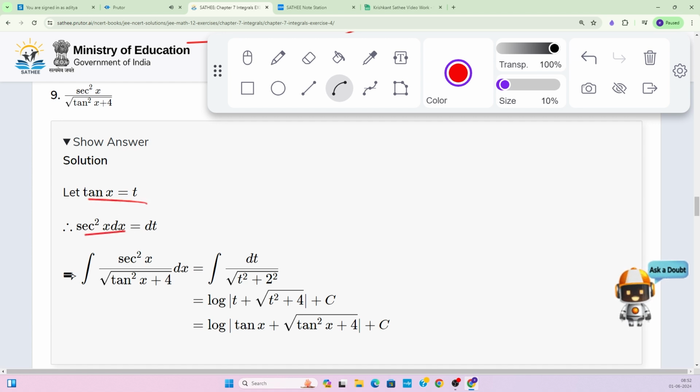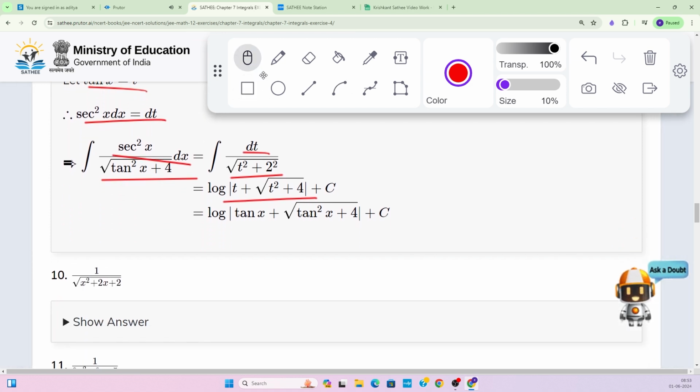This means dt equals sec square x dx, so this sec square x dx can now be replaced by just simple dt. Okay. And in the denominator you will have root of t square plus 2 square, and this is what form? Integration of 1 by root t square plus a square. You will have log of modulus of t plus root t square plus 4 plus some constant.